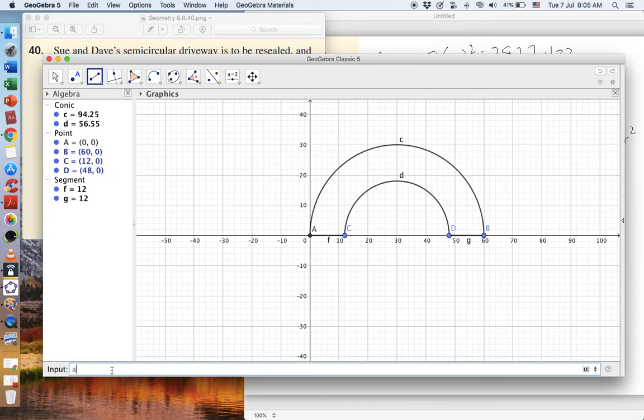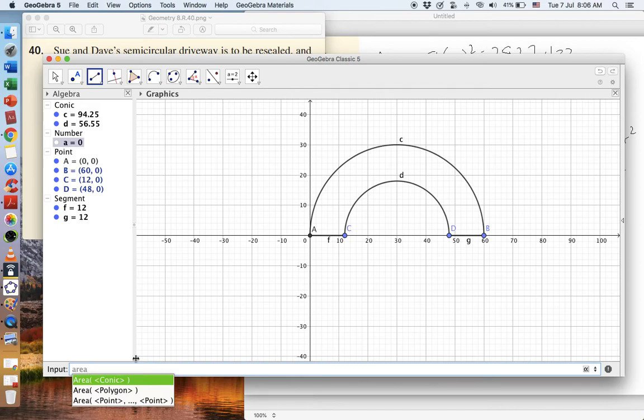And let's try to find the area again. The area of A, B, D, C, still 0. Well, that's pretty odd.